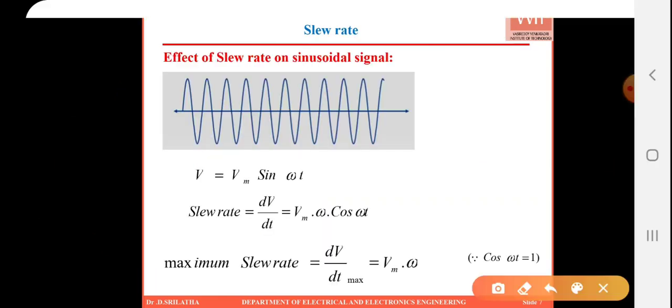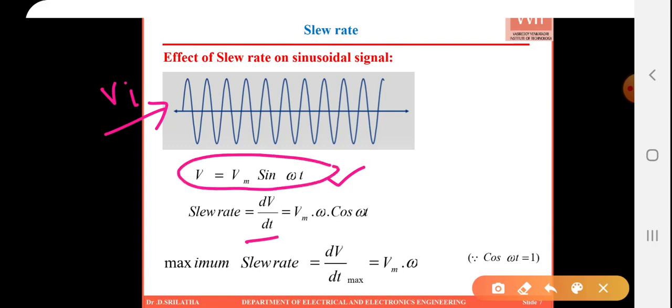Here, if we see the effect of slew rate on a sinusoidal signal, if you give this type of sinusoidal signal as input, then we know that V = Vm sin ωt. Slew rate is the rate of change of voltage. If we differentiate this expression with respect to time, we get Vm ω cos ωt.